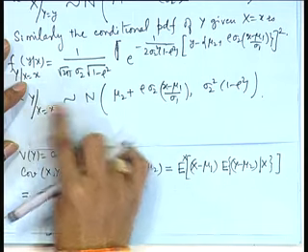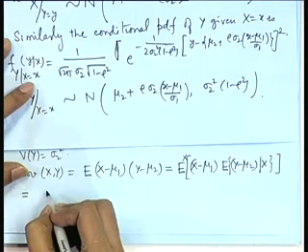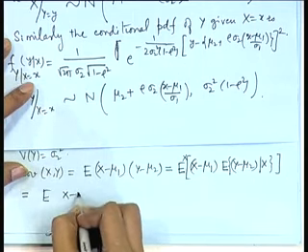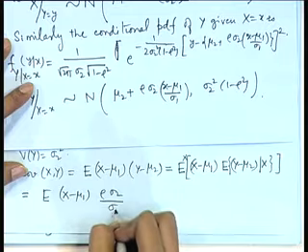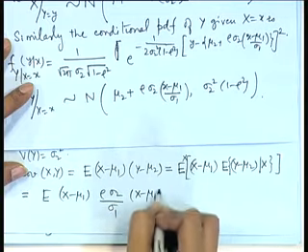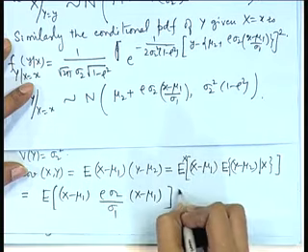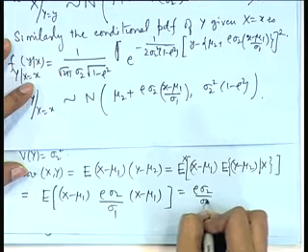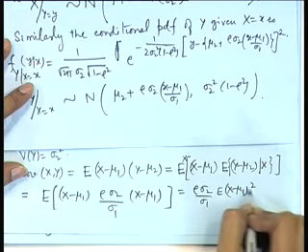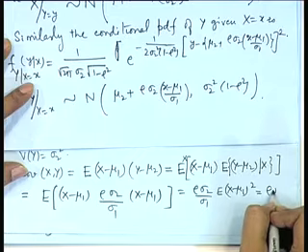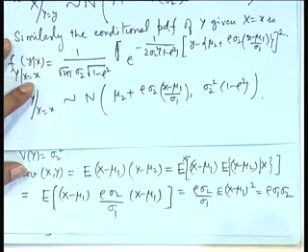Therefore, expectation of y minus mu 2 given x will be rho sigma 2 by sigma 1 times x minus mu 1. This gives rho sigma 2 by sigma 1 times expectation of x minus mu 1 square, which is sigma 1 square. So, it is rho sigma 1 sigma 2.